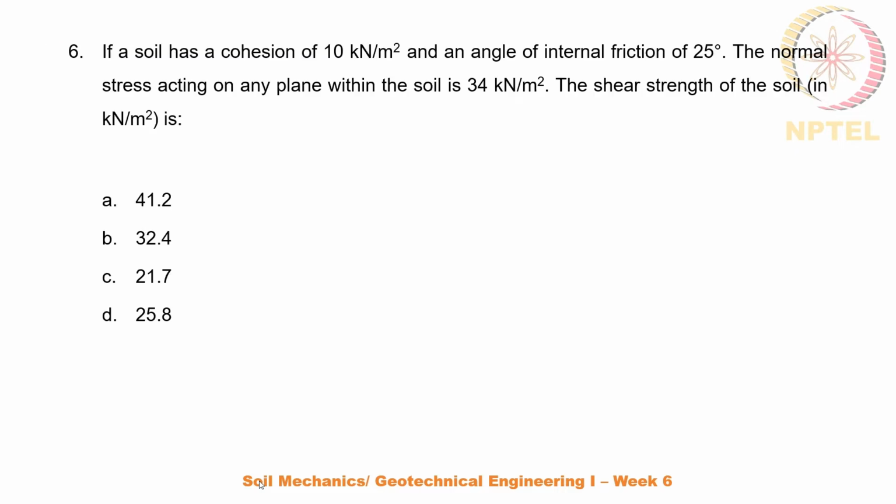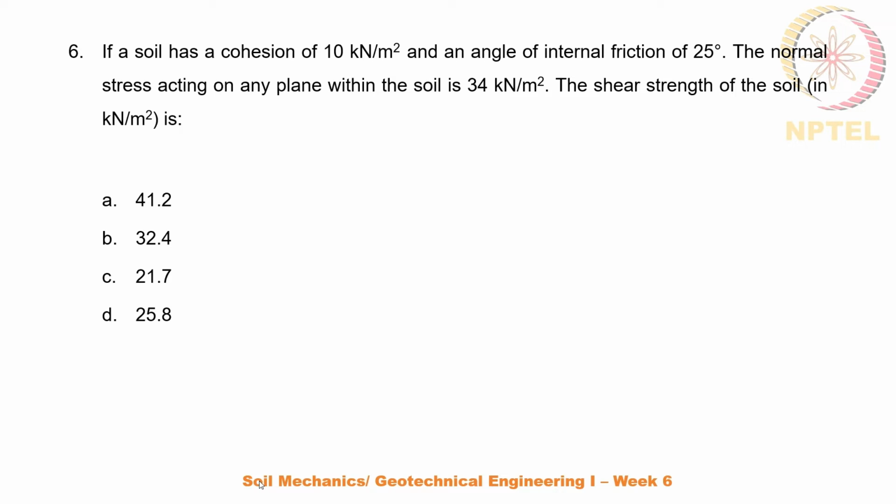So moving on to our next question. If a soil has a cohesion of 10 kilonewton per meter square and an angle of internal friction of 25 degrees, the normal stress acting on any plane within the soil is 34 kilonewton per meter square.